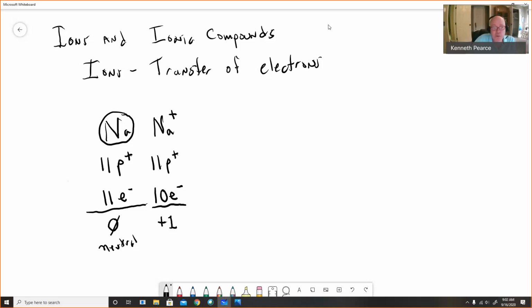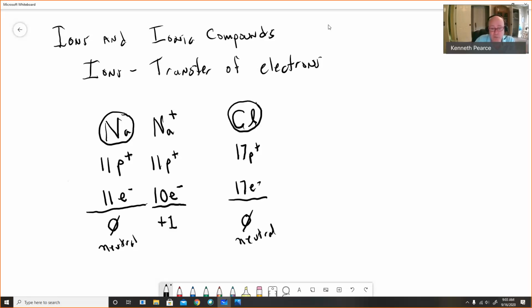Chlorine, for instance, as well, when it becomes an ion, it wants to have a minus 1 charge. But it starts out with 17 protons and 17 electrons. And neutral chlorine has 17 electrons. Now chlorine likes to have an extra electron.